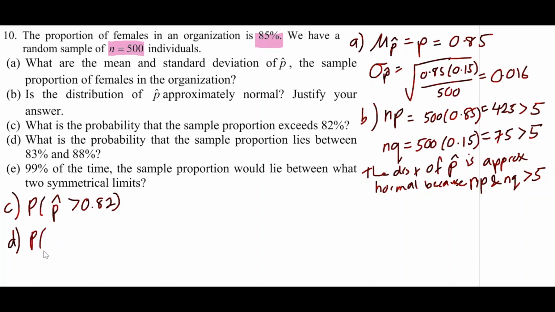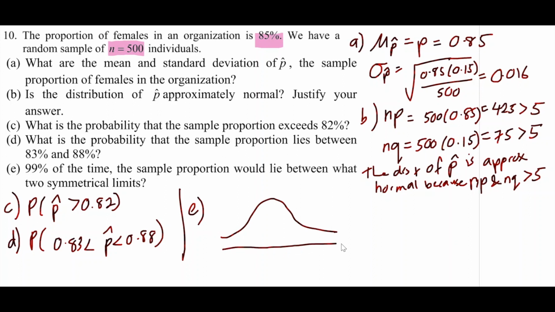This is also quite easy. So P hat between 0.83 and 0.88. Right, now question E. 99% of the time, the sample proportion would lie between what two symmetrical limits? We've discussed this before, and here would be 0.99.